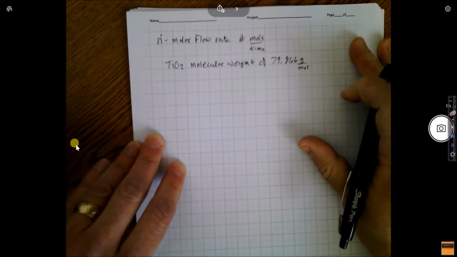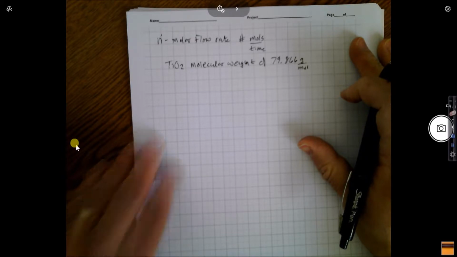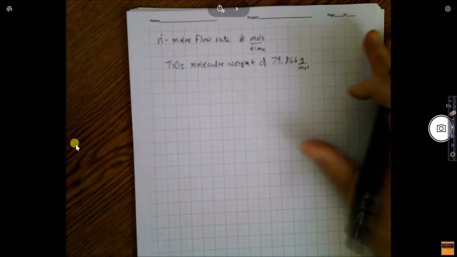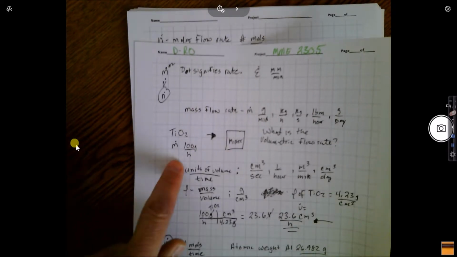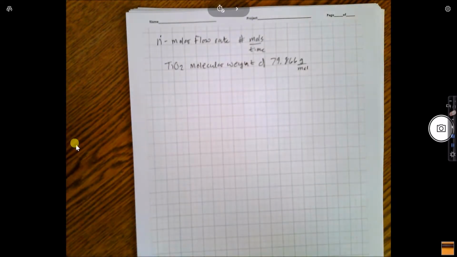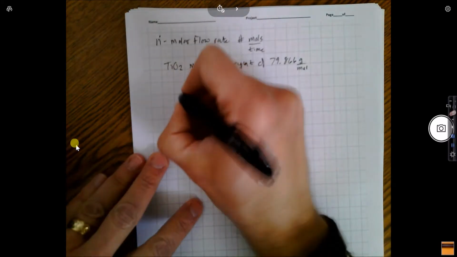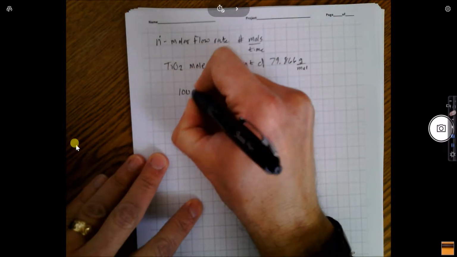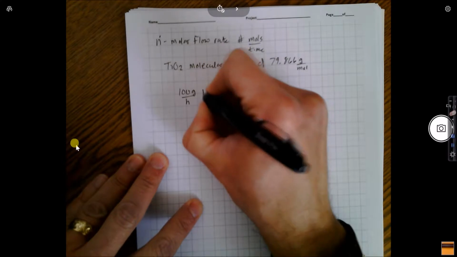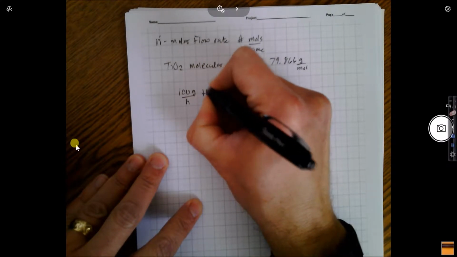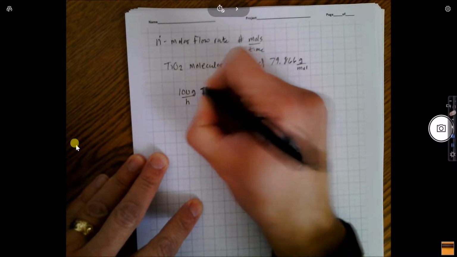Let's go back to our first problem where we said we had 100 grams per hour of titanium dioxide going into our paint mixer. So we'll recap or redo this.